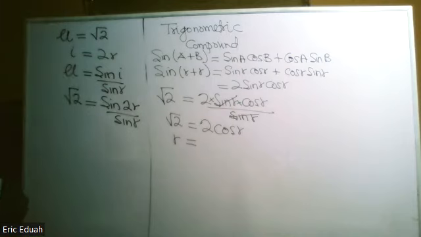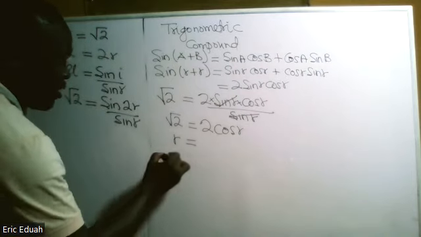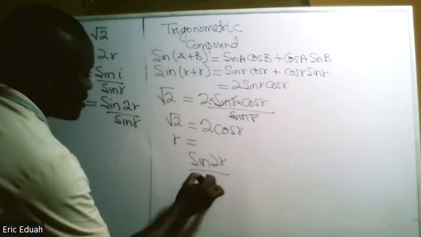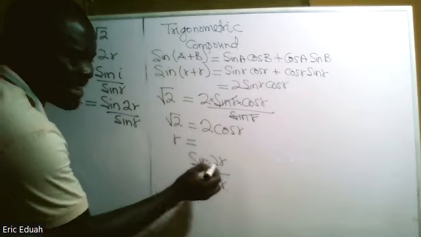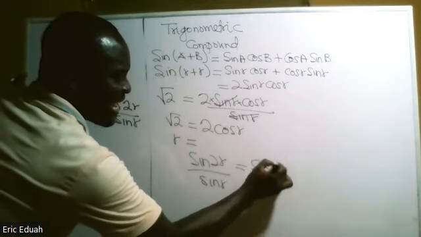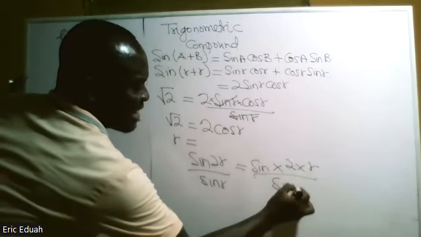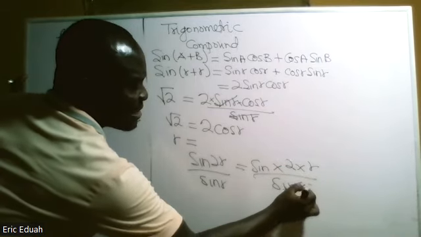Hello, how come this time you are canceling out? You see, I said before this is sine 2r over sine r. What you see isn't like sine times 2 times r, so that you can cancel, and then this is also sine times r.